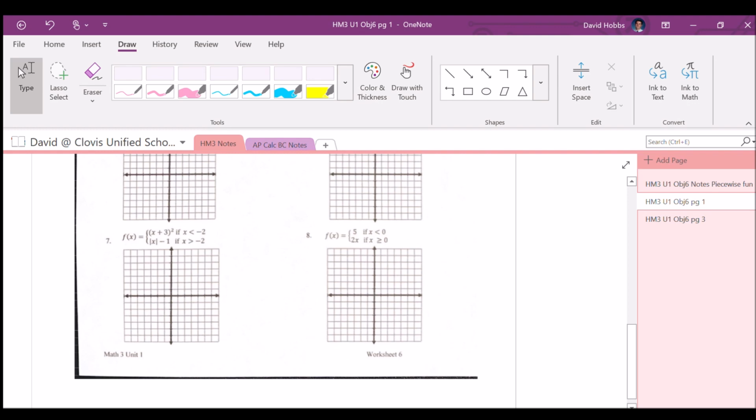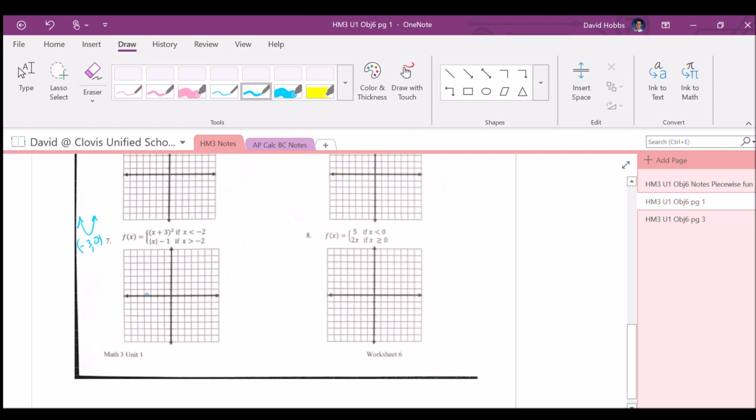Okay, let's try the bottom two here. For example, number 7, x plus 3 quantity squared for x less than negative 2. It's a parabola, the vertex is negative 3, 0, and negative 3 is in that domain.